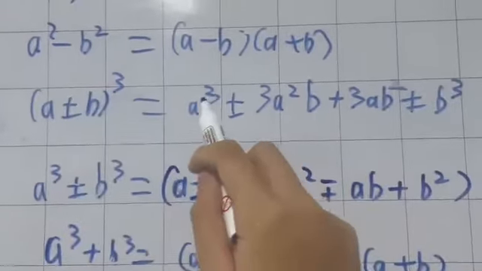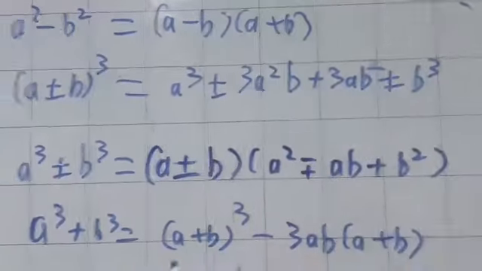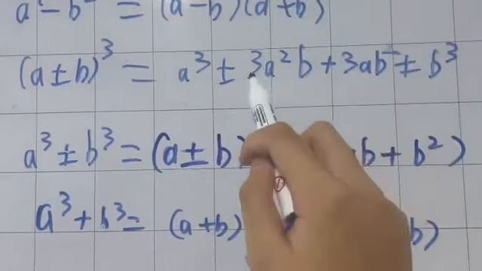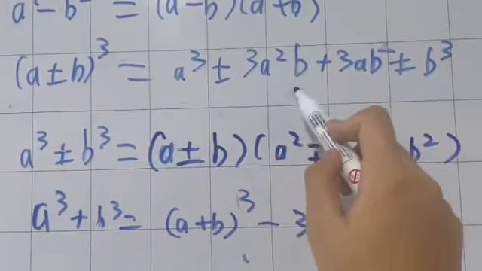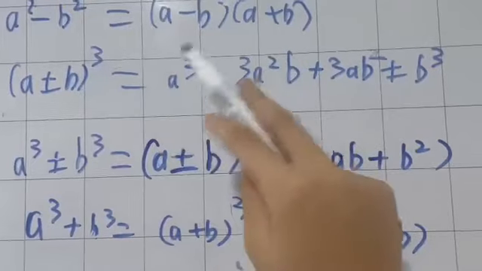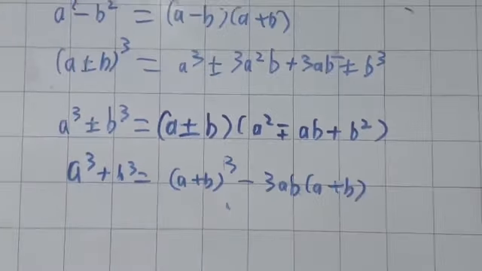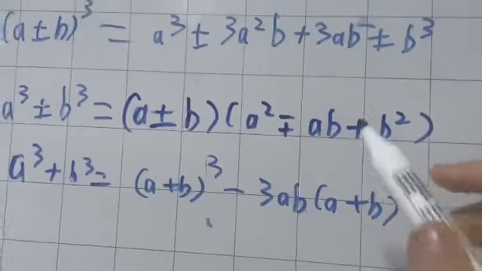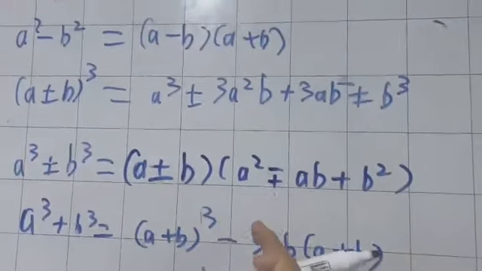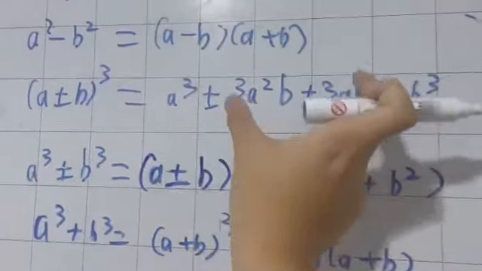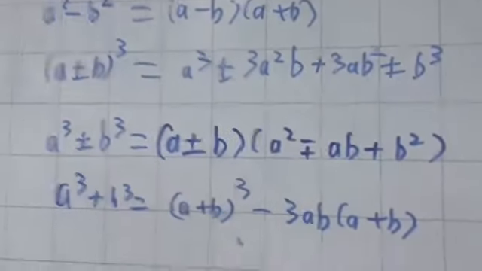You see it has a cubed plus b cubed, the same as this, and then it also has an extra 3a squared b, plus 3ab squared. So you get this, and then you subtract the extra part out. Therefore you have this.